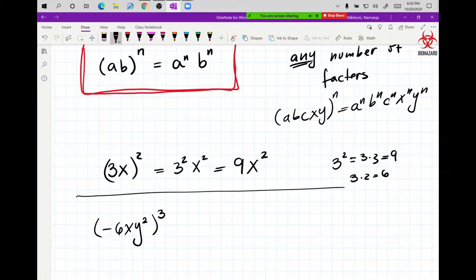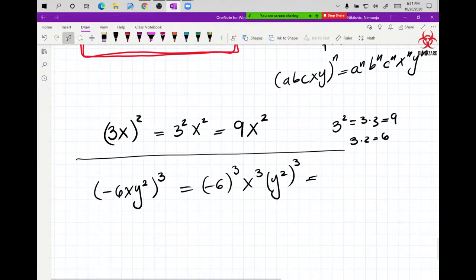The latest rule says, take this power 3 and apply it to every single member of the parenthesis. So I have negative 6 in parentheses raised to the 3. We say cubed. Then you have x cubed, and you have y squared cubed.